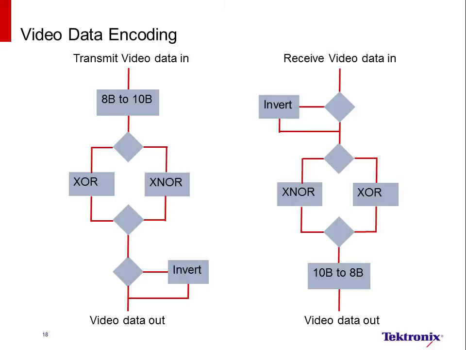It gets the received data in, looks if that data was signaled as being inverted, reinverts the data if it was, presents that down to either the inverse XNOR or XOR circuit as indicated in the original data. Then that data will be presented to the 10B/8B inverse lookup table to convert the data back to the original 8 bits of video data that the transmitter started out with.